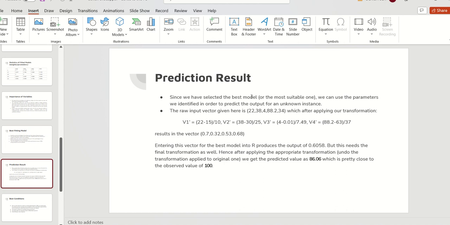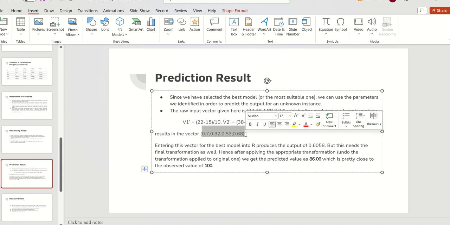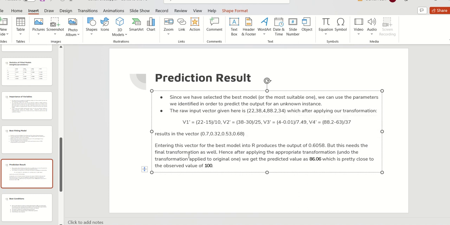Since we have selected the best model, we can use the parameters we identified in order to predict the output of an unknown instance. The raw input vector given here, after applying our transformation, gives the new values. It results in this vector: 0.7, 0.32, 0.53, and 0.68.